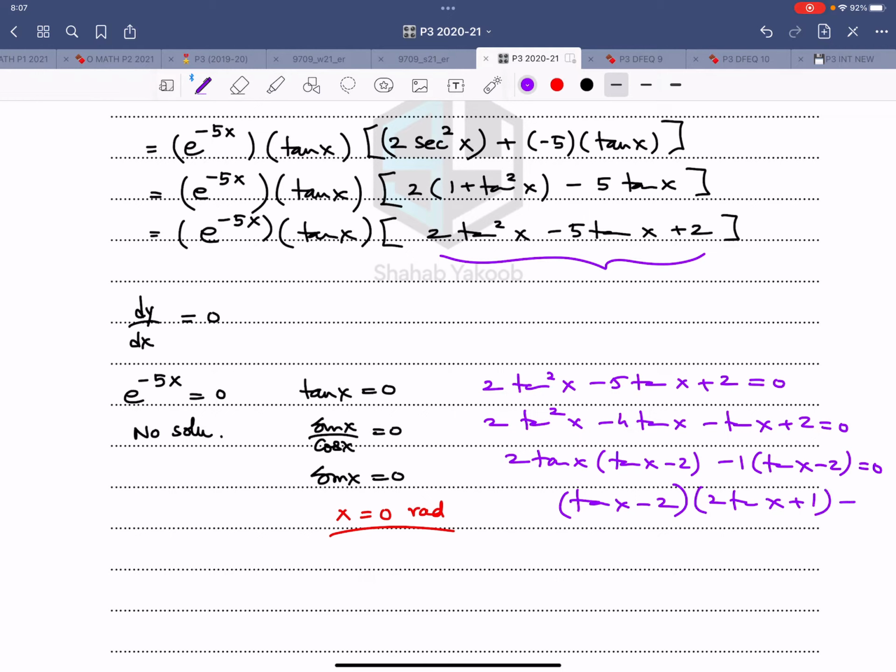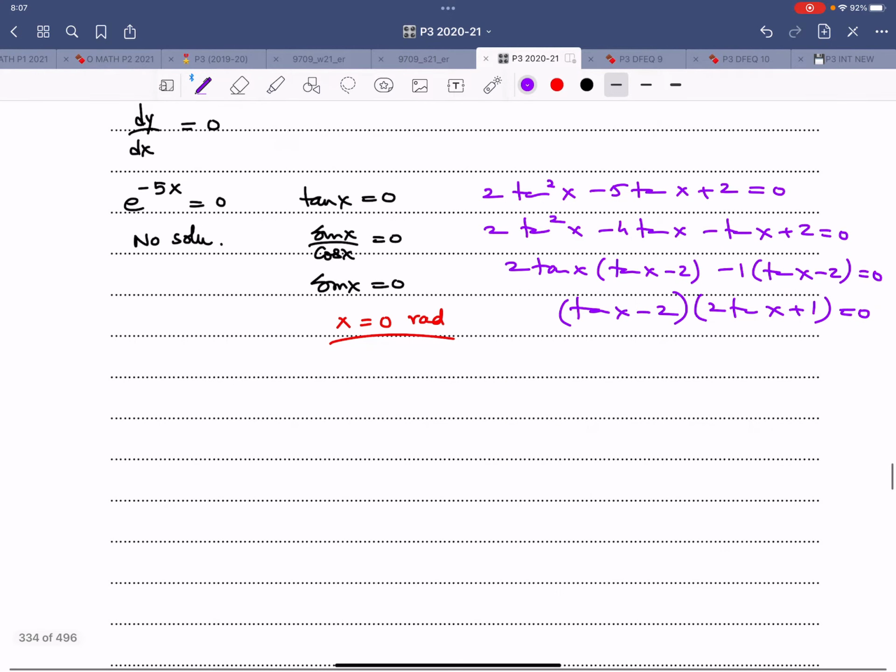In other words, you have tangent x equals 2, tangent x equals 1 over 2. This is in the first and third quadrant, and this one is second and fourth quadrant.